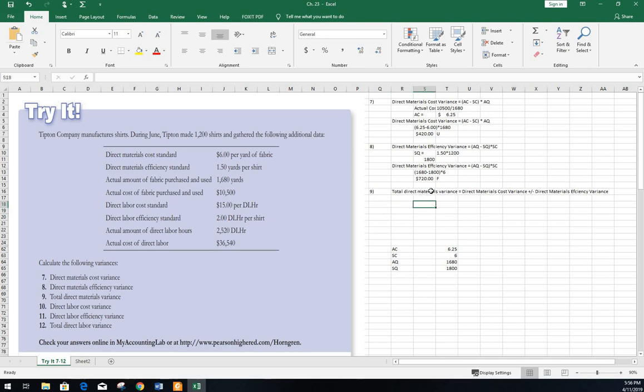So that is $720 favorable minus $420 unfavorable, and that should equal $300 favorable.